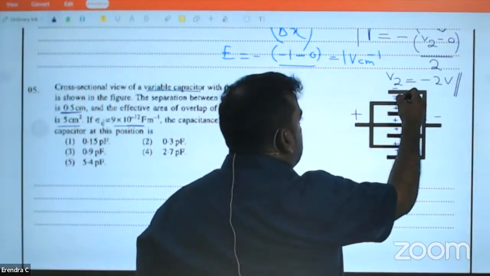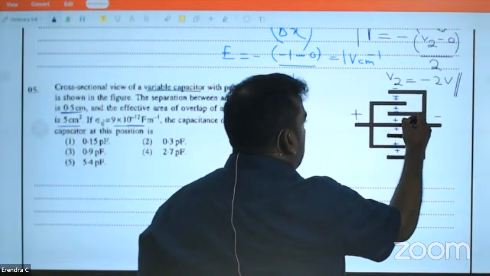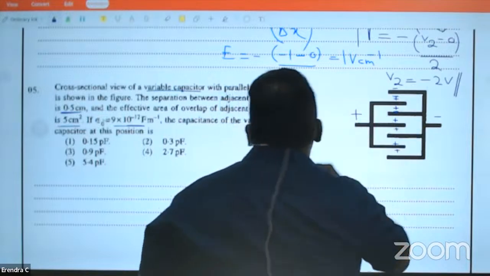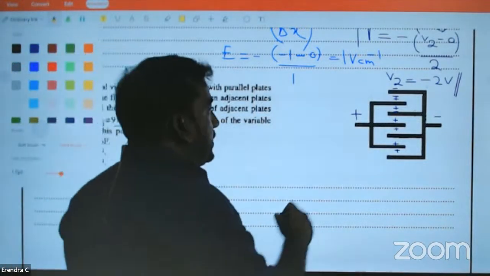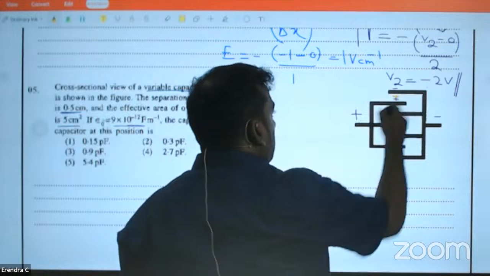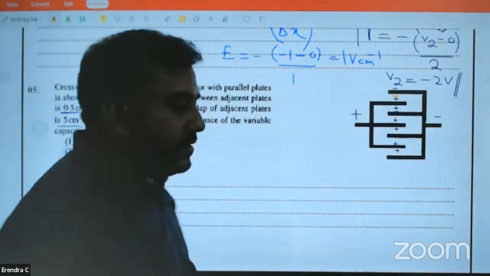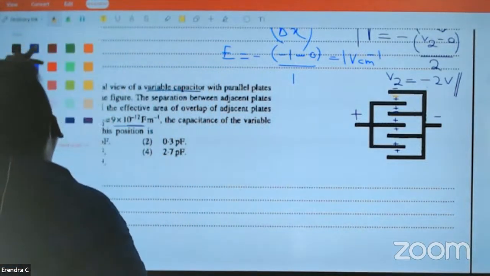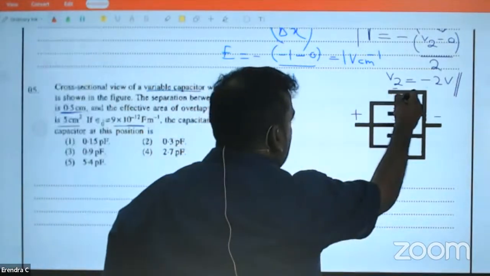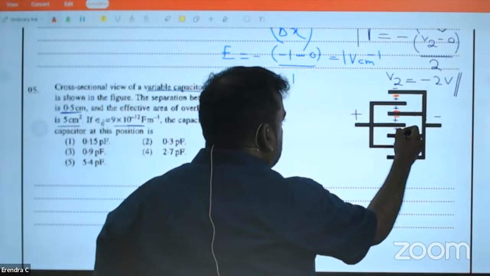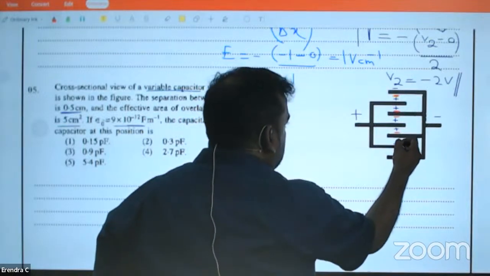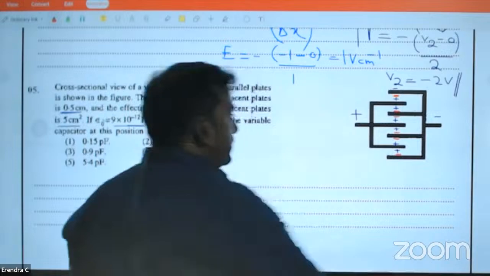Here also minus, here also minus. I'll use a different color, something that is prominent. And minus, minus, minus, minus, minus, minus.